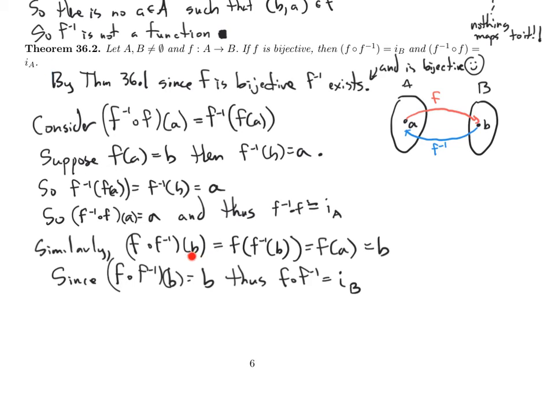You start with an element of B, and you get the exact same element back. And this diagram is basically showing everything that's going on with this result.